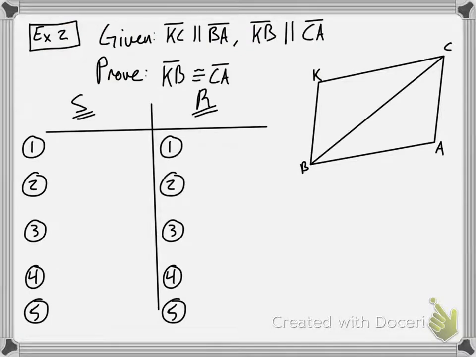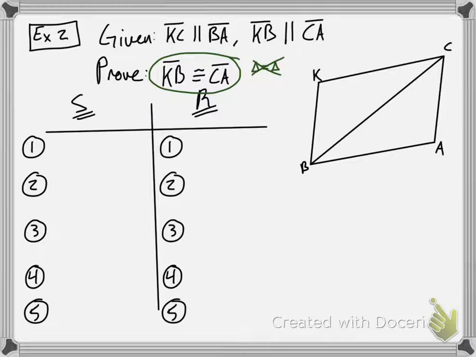All right. So we're going to look at another example. So one thing I do notice is that our proof is a side KB is congruent to side CA. So because this is not a triangle is equal to a triangle, we know that we're going to be using our CPCTC, or corresponding parts.